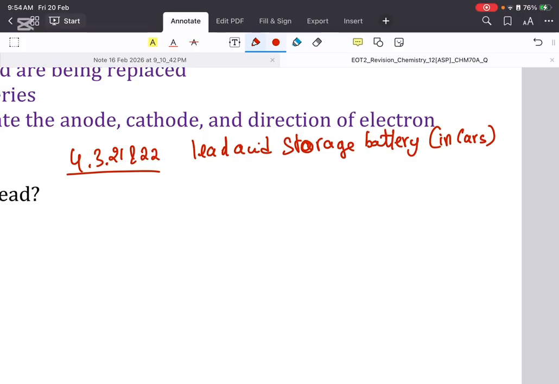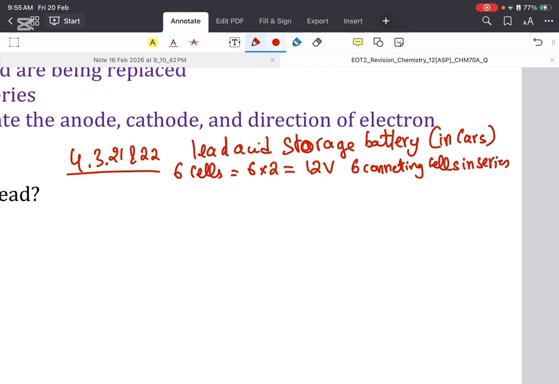Now, this lead battery is made up of 6 cells inside it, and each cell has a voltage of 2 volt. So 6 times 2, this is how a car battery generates 12 volt: it's made up of 6 cells connected in series, one after the other.